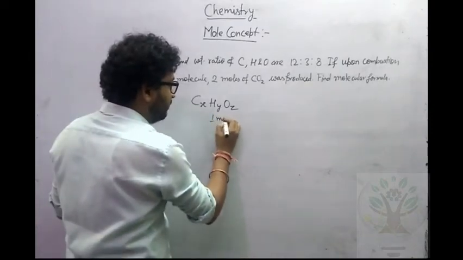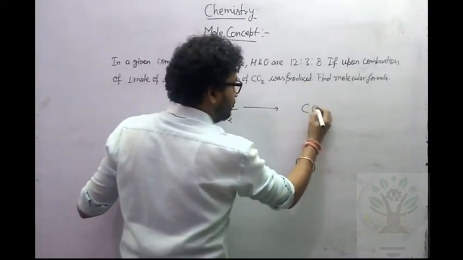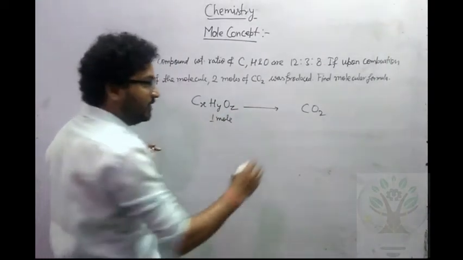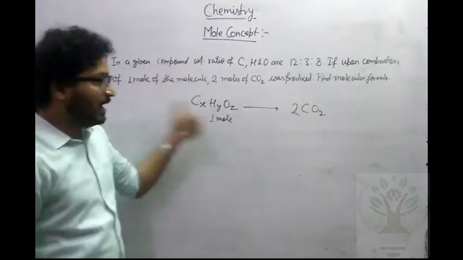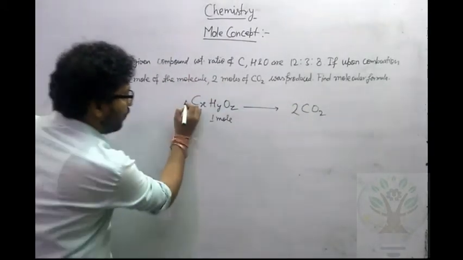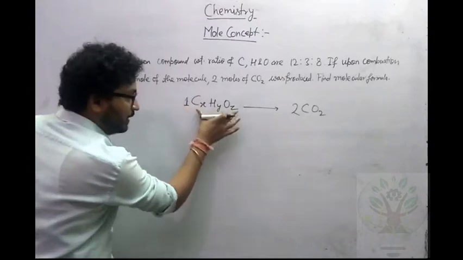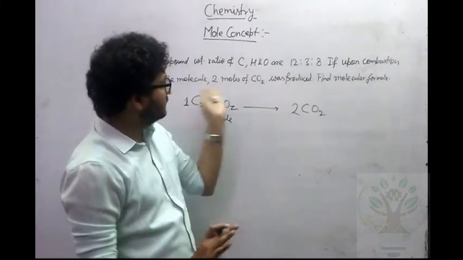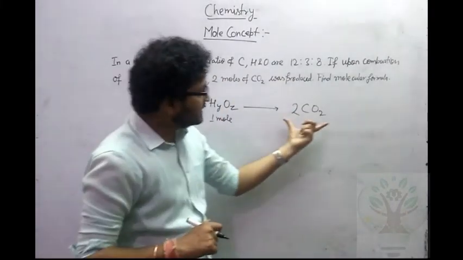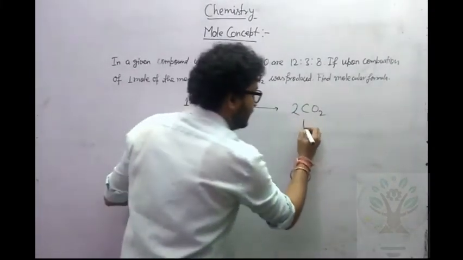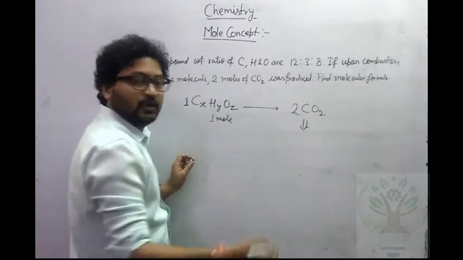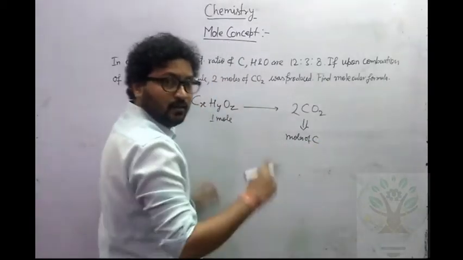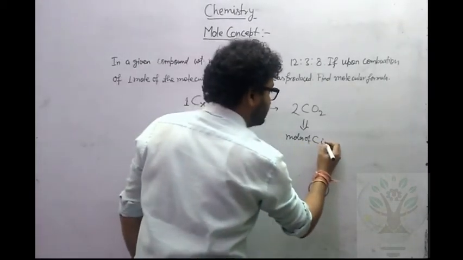If I take 1 mole of it, it gives me CO2. How many moles of CO2 is it giving us? It is giving us 2 moles of CO2, as it says. See, 1 mole of compound is giving us how many moles of CO2? 2. We're getting the same. So since I am getting 2 moles of CO2, can you tell me the moles of carbon in the compound?